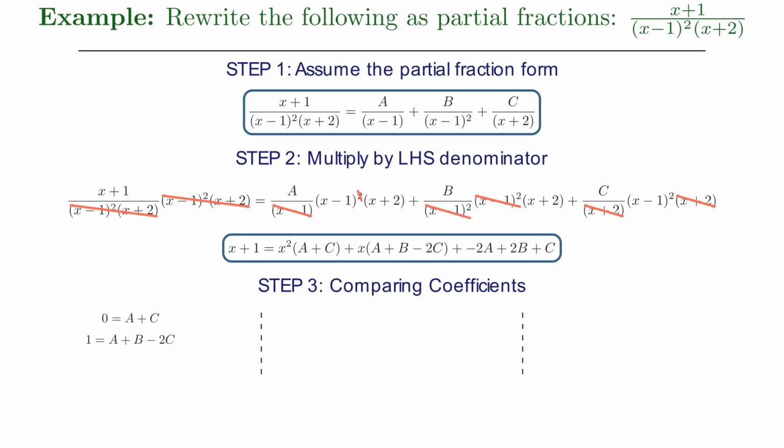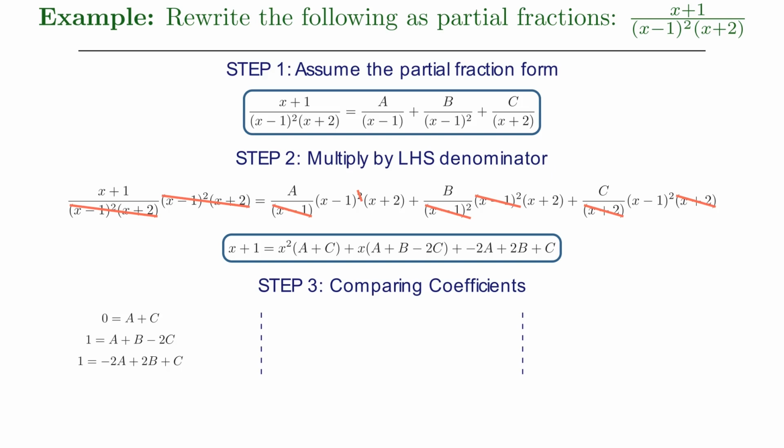And then the final equation comes from comparing the numbers. On the left hand side we have 1, and on the right hand side we have -2A + 2B + C. So we can solve this system of simultaneous equations using any method that you know.